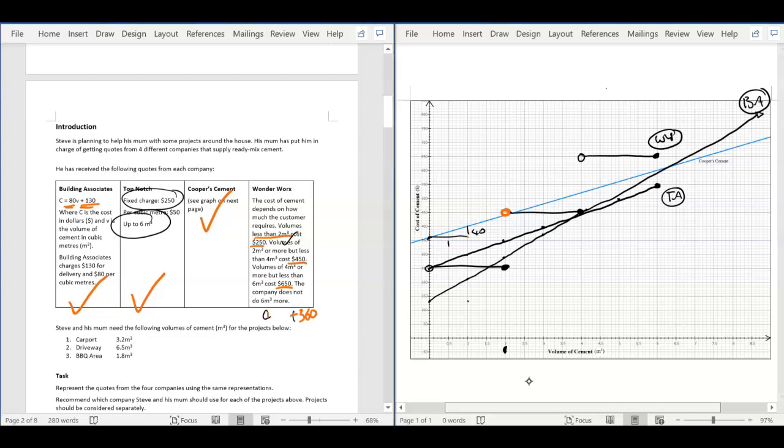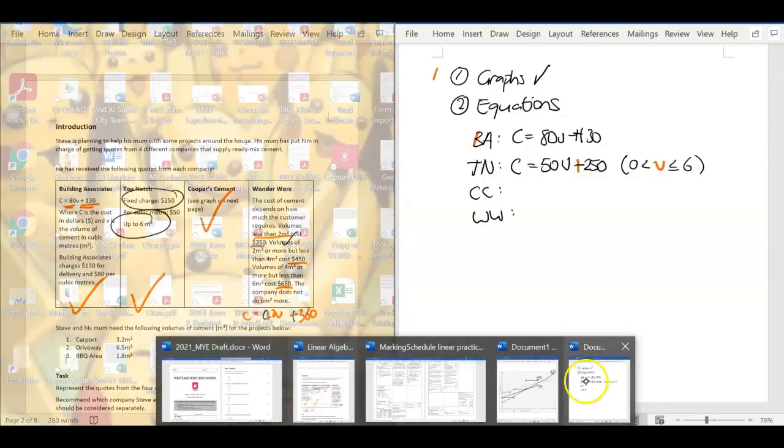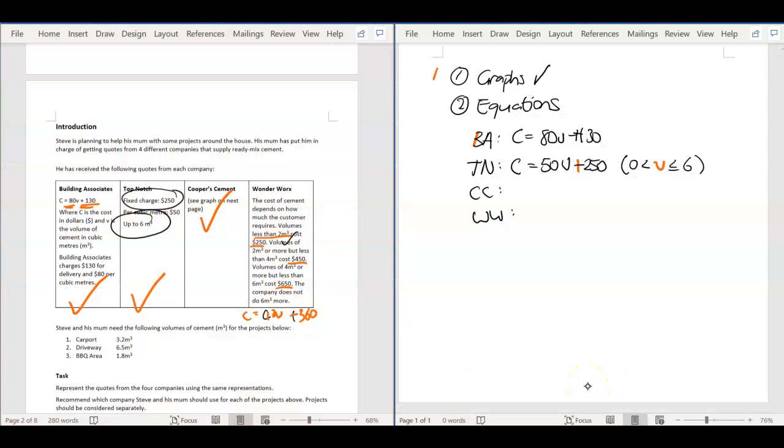So that means it's going to be 40V, and don't forget the C in front of it. So we've got 40V plus 360. So let's switch back to our answers. So C is equal to 40V plus 360, and there were no limits, so we don't need anything else next to that. And we then have a look at Wonderworks.